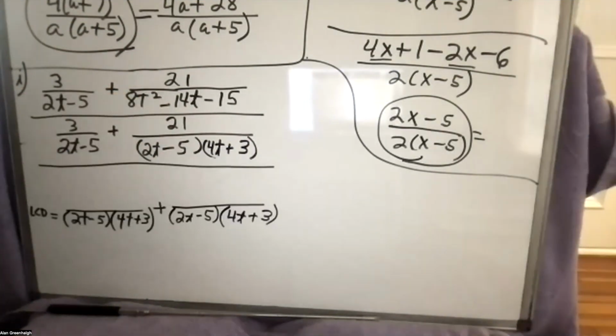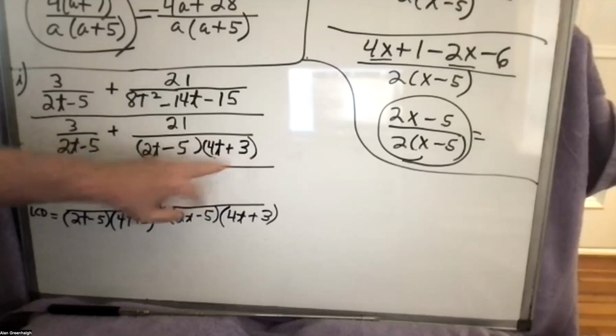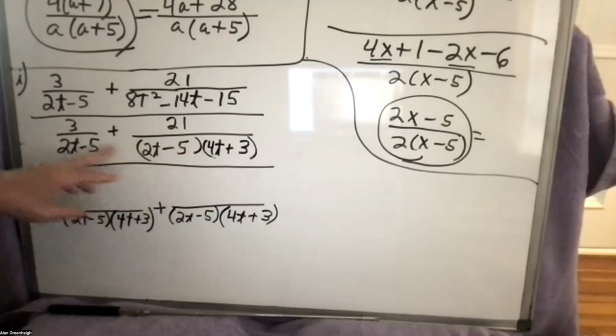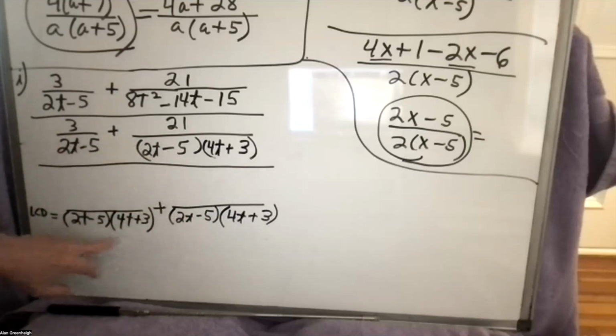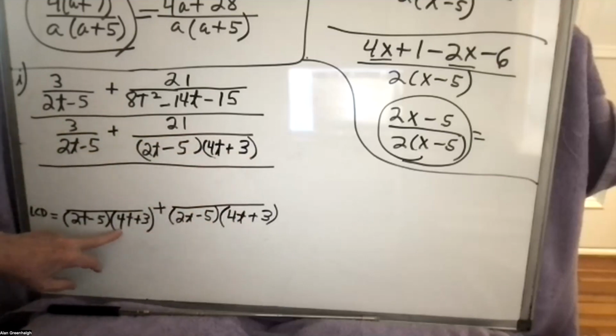So I factored this, and I took the tip that if that was there, it had to be there. So it was easy then to put the 4t plus 3. The common denominator must have the 2t minus 5, obviously. There it is. It has to have the 4t plus 3.